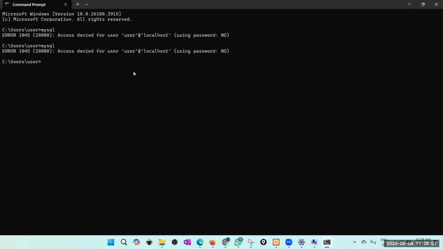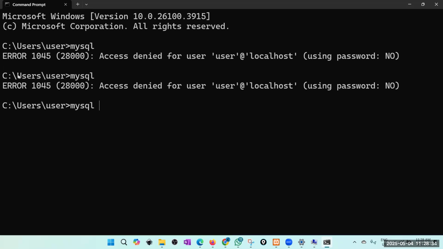Also, when you install MySQL, by default a user is created called root, ROOT, with password blank. Blank means nothing. So you can use that built-in user to log into MySQL. How to do that? Assume that you have the path variable set up. MySQL, space, minus u, space, root. Of course, if you have a password, you need to say -p and without space, the password.